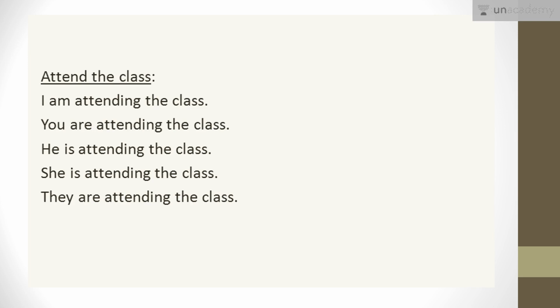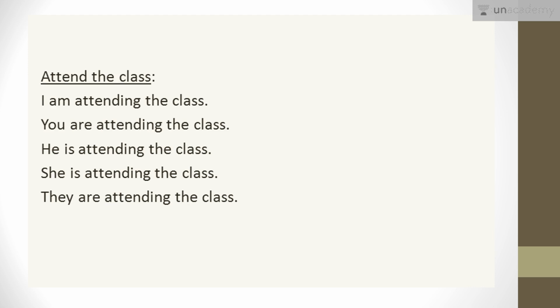So these are the actions which we actually come across every day, but we don't try to speak them, and that is the biggest problem. We just need to start practicing by making use of such actions which we are doing every day. Just try to use such statements which we are actually speaking every day in our daily life. So this is one of them, attend the class.